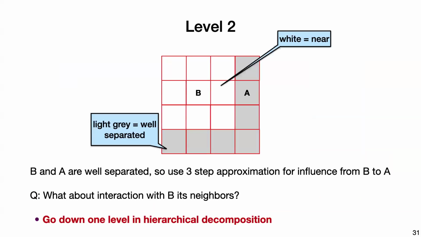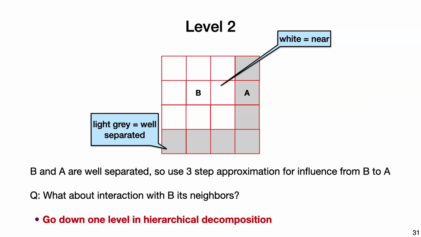Okay, so suppose that we are computing the effect of box B on box A, and we can do this 3-step approximation. White in this picture is near, so we cannot use the 3-step approximation.